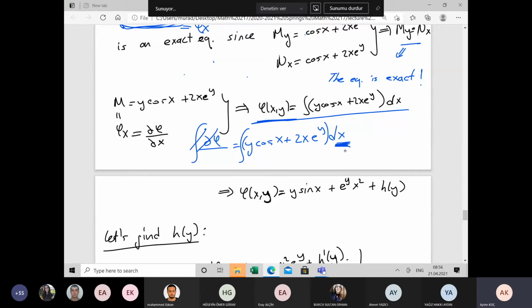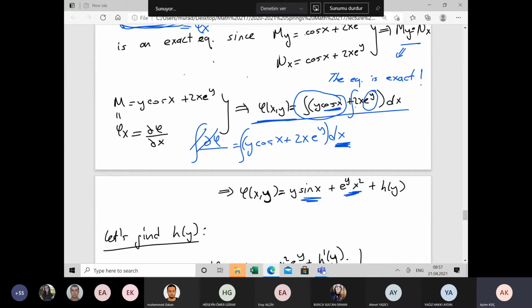Integral with respect to x means consider y as a constant. Be careful. So the integral of y cosine x, with y a constant, is y times the integral of cosine x, which is sine x, and the integral of 2x is x squared.